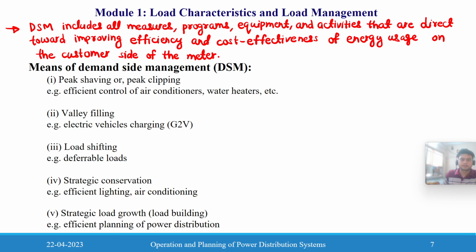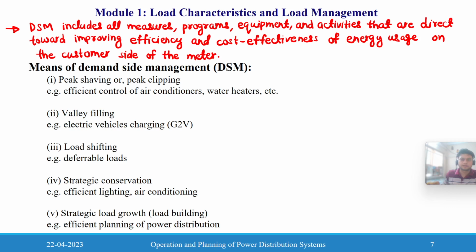We are just reshaping the load curve, either daily, weekly, monthly or yearly load curve. And this does not include outage or interruption. One of the important key factors in demand side management is that we don't include outage or interruption. We are just going to shape the load curve.